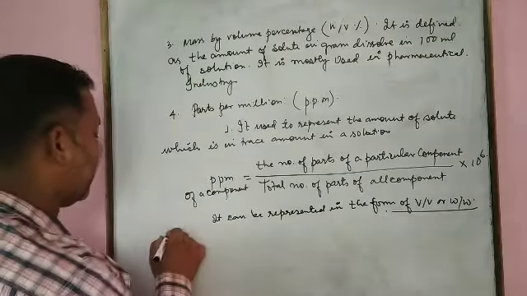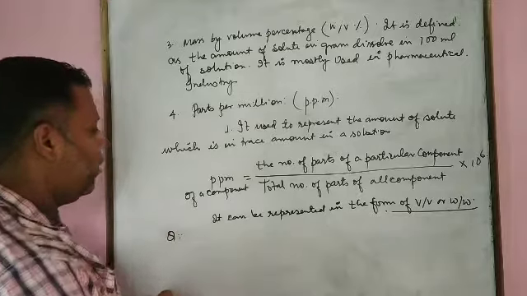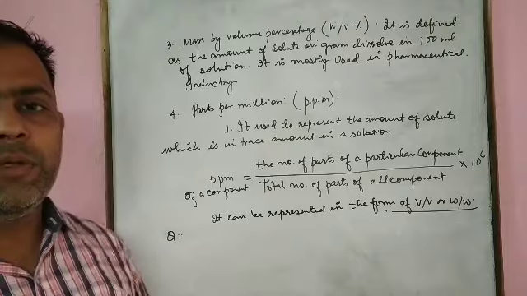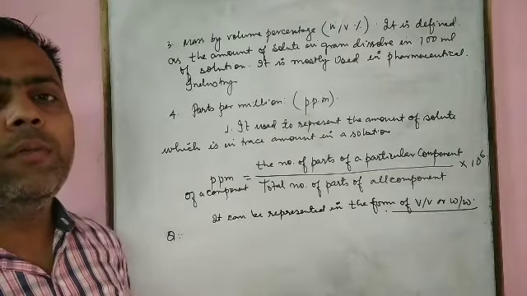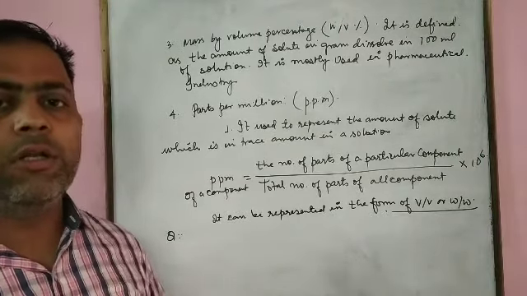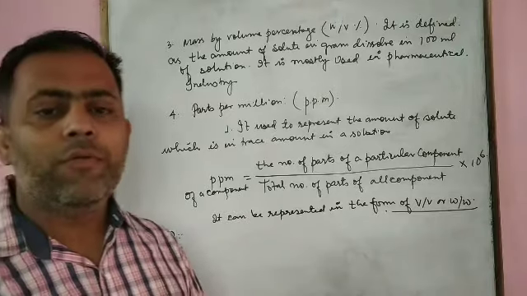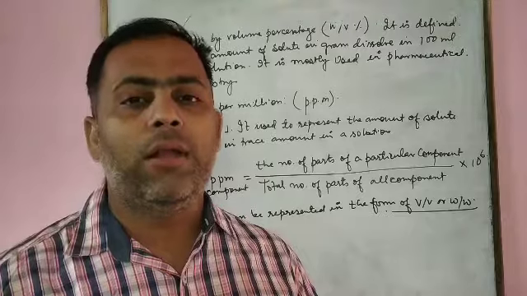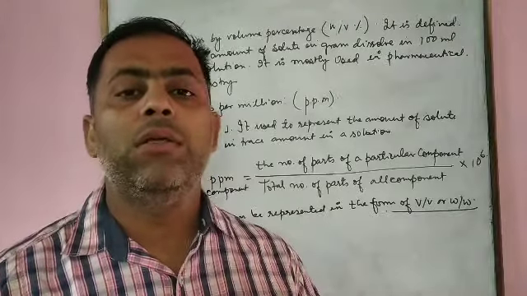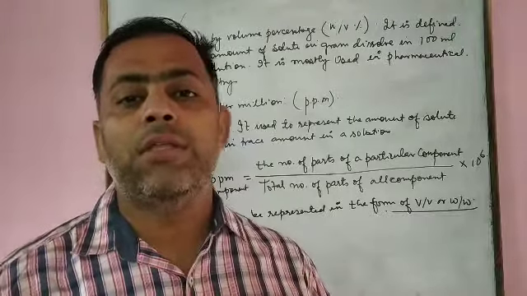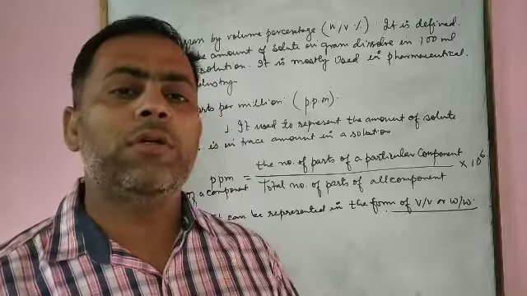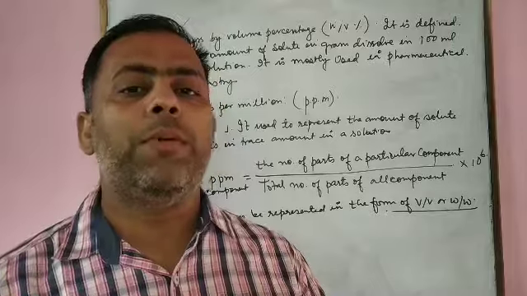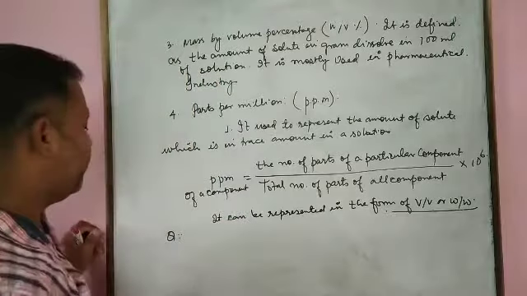Let us take an example. The seawater contains dissolved oxygen. If we have 1 liter of seawater which weighs 1030 gram, which contains 6 into 10 to the power minus 3 gram of dissolved oxygen, then how are we going to represent it in the form of parts per million? What is the question?